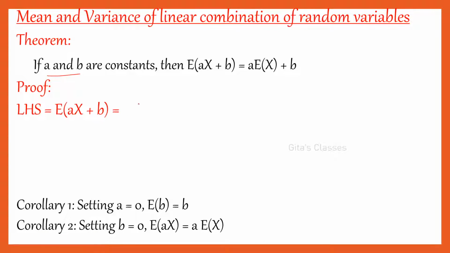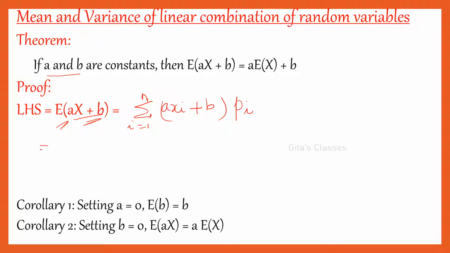I will prove it for discrete now. So by definition, for the mathematical expectation, if you have X here, you will write X here. So here we have AX plus B. So the sum of A Xi plus B, i varies from 1 to n, into Pi, right?